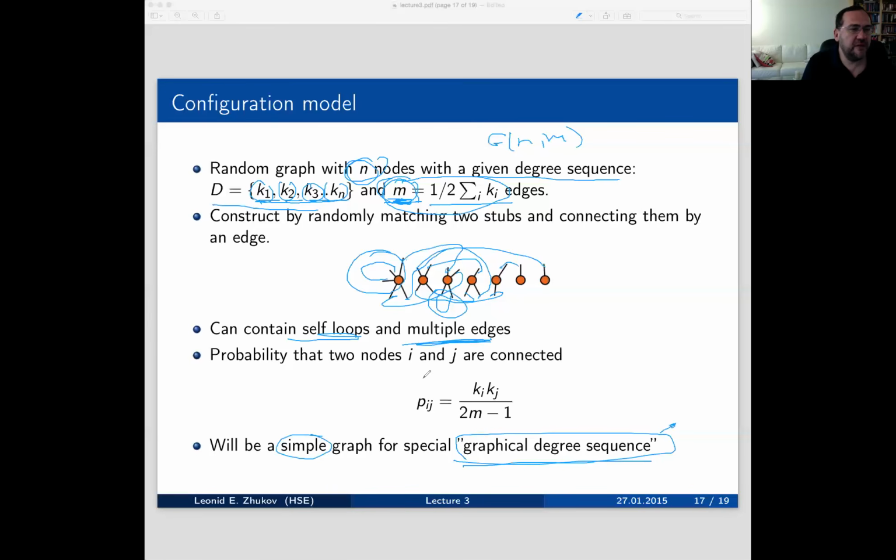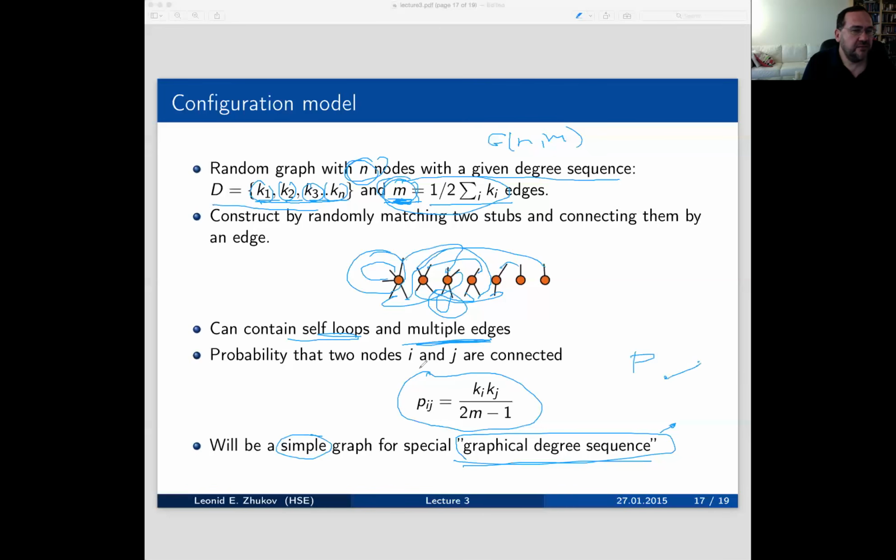But before we go there, one more point: this graph is different from the Erdos-Renyi model. In the Erdos-Renyi model, probability p is the probability that any two nodes are connected.